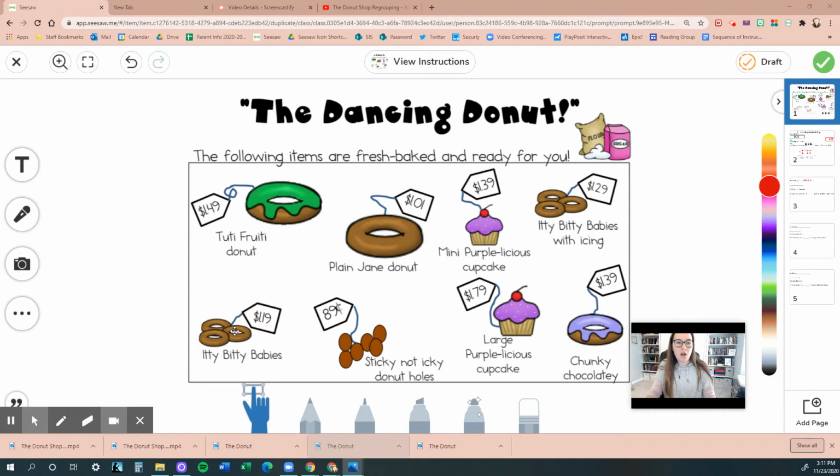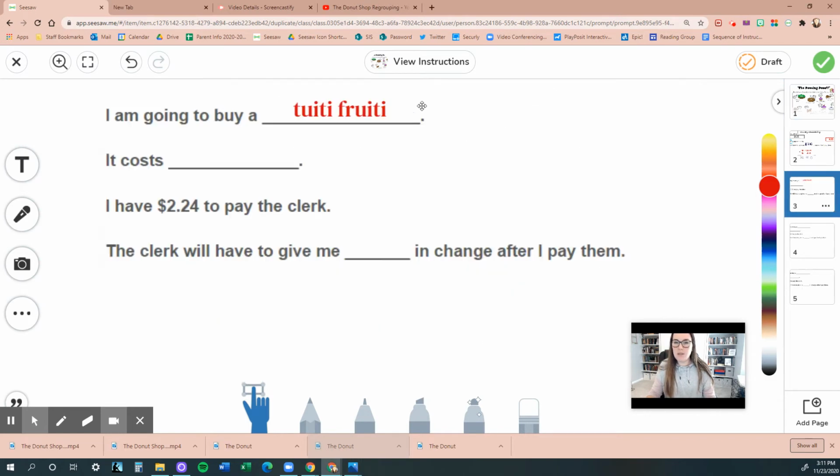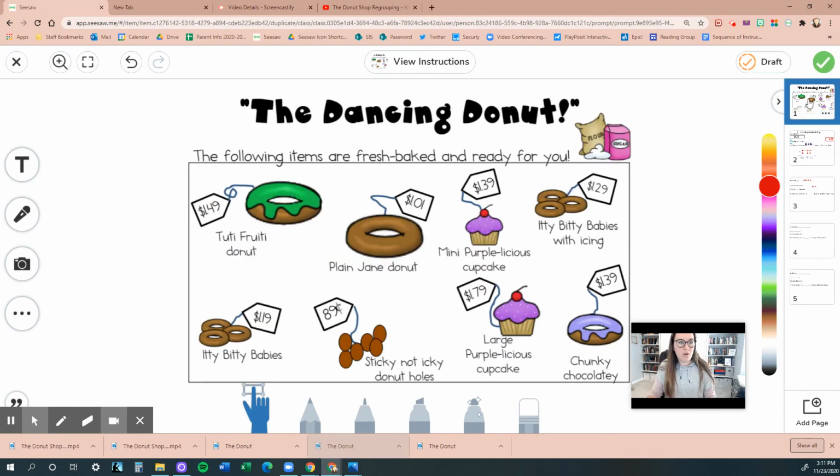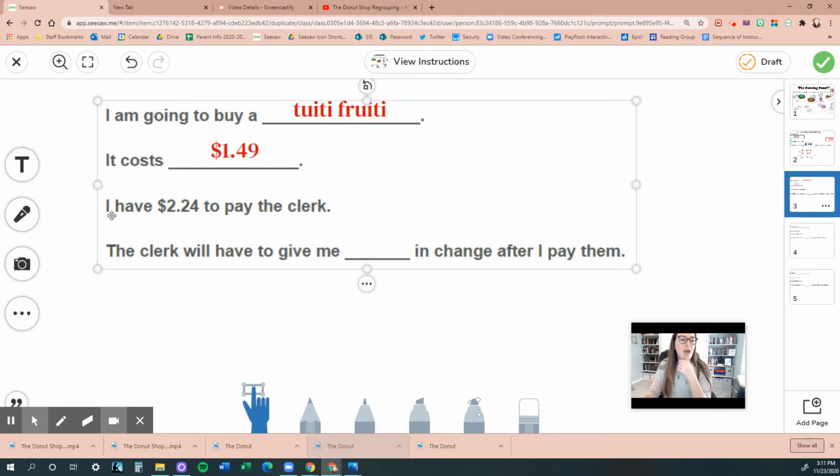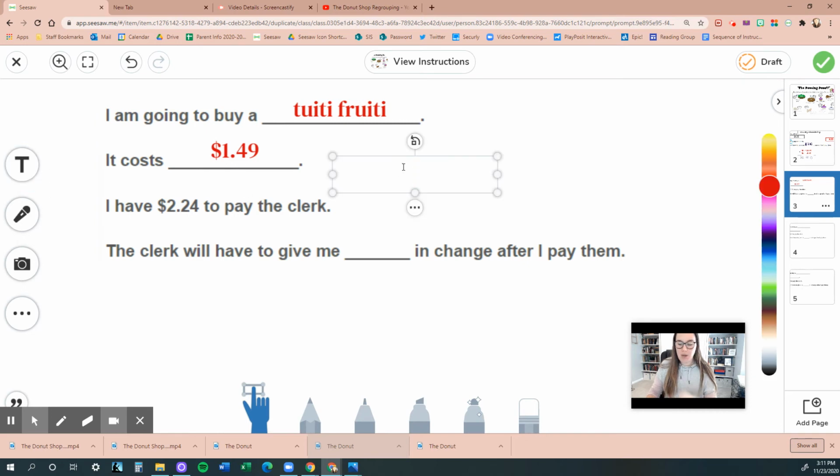That's going to cost $1.49, my Tutti Frutti donut. Make sure I have that correct, $1.49. Yep. Let's see how much change we're going to get back. I have $2.24 to pay the clerk. So now I'm going to end up doing $2.24 minus $1.49.